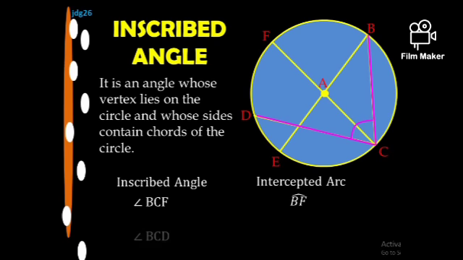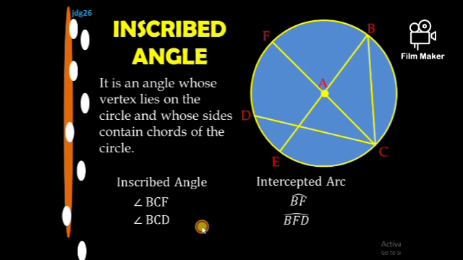And this is named as angle BCD. And its intercepted arc is arc BFD. Another inscribed angle is angle CBE, and the intercepted arc is arc CE or EC.